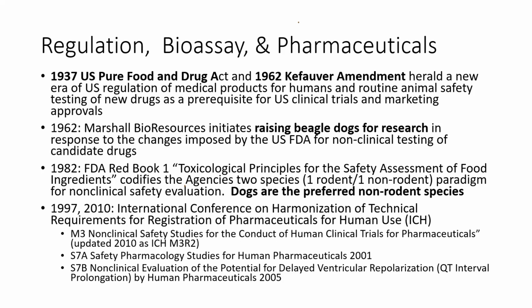And there are three guidances from ICH that speak specifically to the use of non-rodent species in general and dogs in particular. And they are the M3 guidance for non-clinical studies, conduct of human trials, and then the two safety pharmacology guidances. ICH 7B is the guidance regarding drug-induced delayed ventricular repolarization, or drug-induced long QT syndrome.